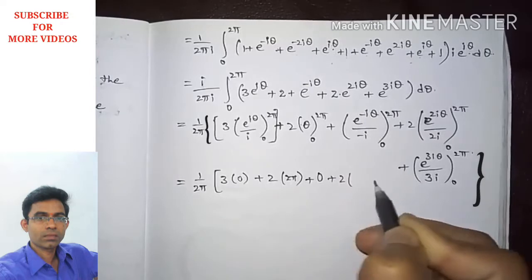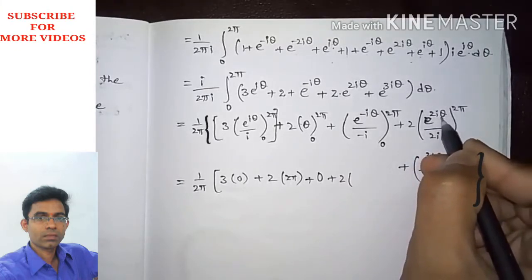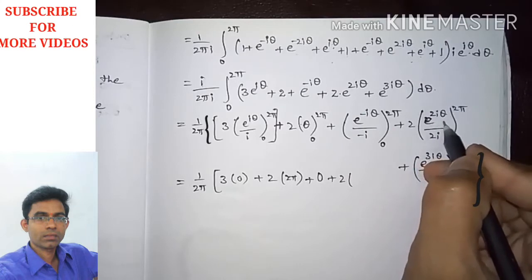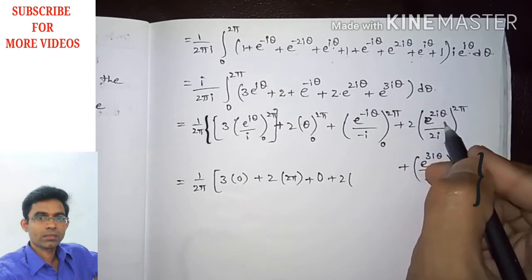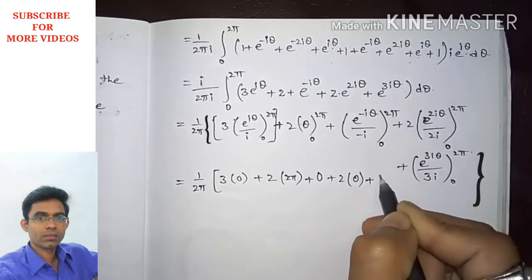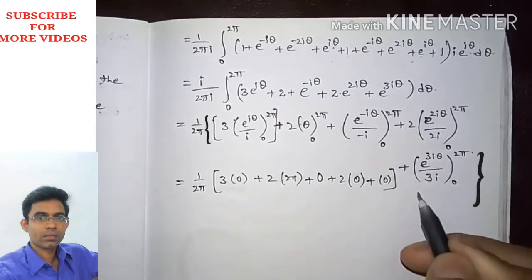Plus 2 into e^{2iθ}, cos 2π plus i sin 2π, this value is also 0, and the last term is similarly 0.